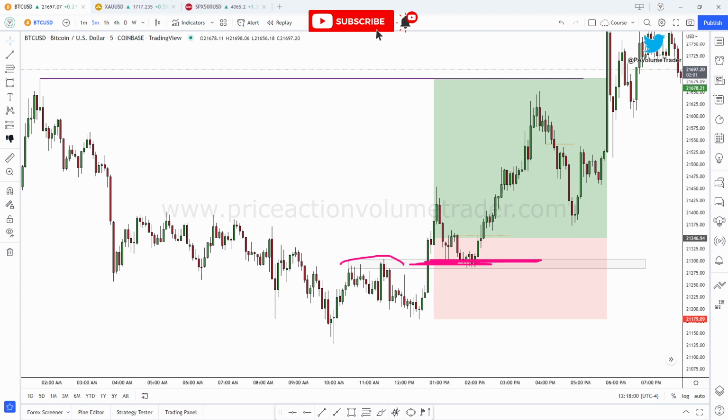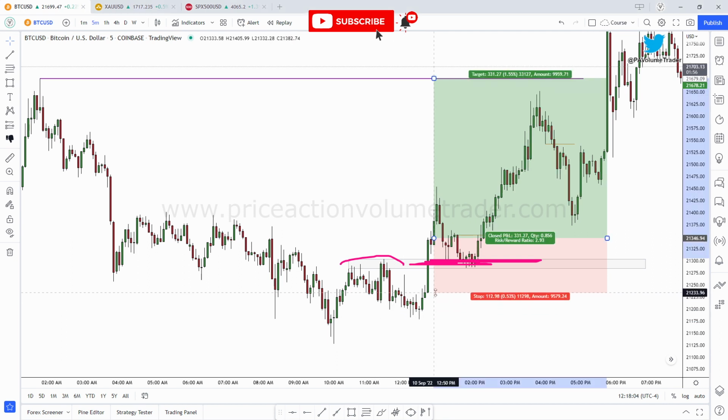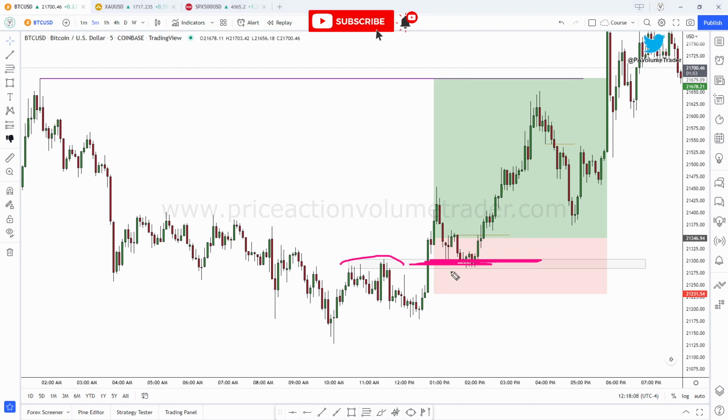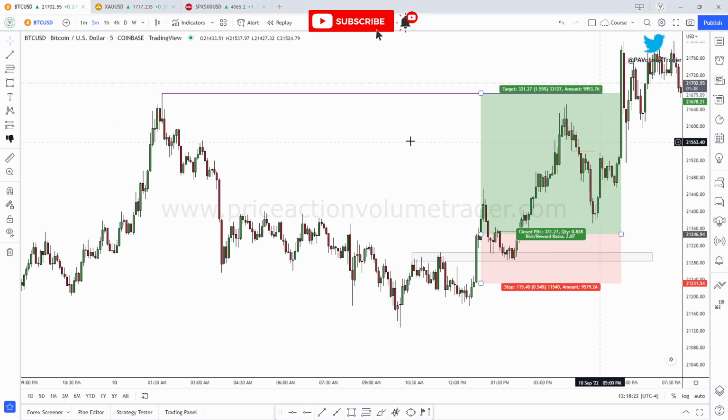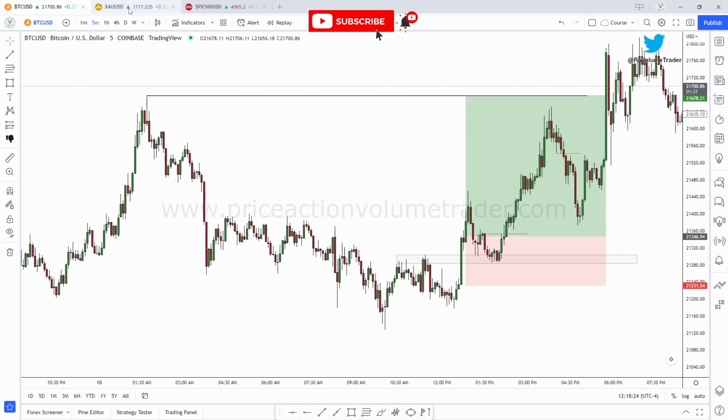So you put it below the whole swing low or below the impulse candle right here. And then the same thing. Once we break this high and we continue, then you bring your stop loss and put it behind here, and the same steps as above. Okay, so that is one example on a lower time frame.